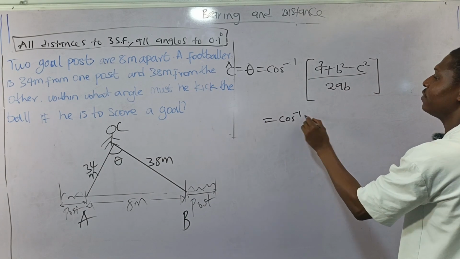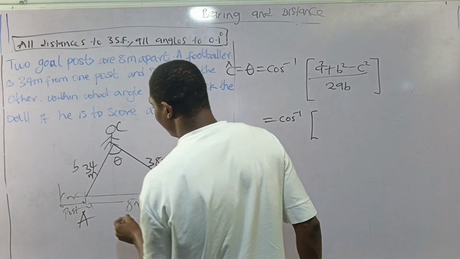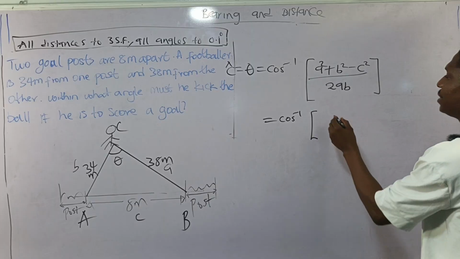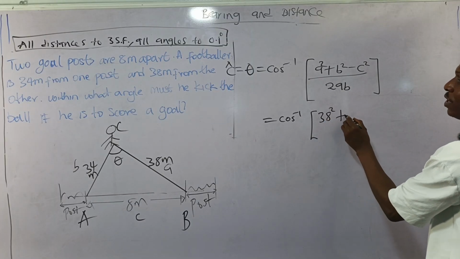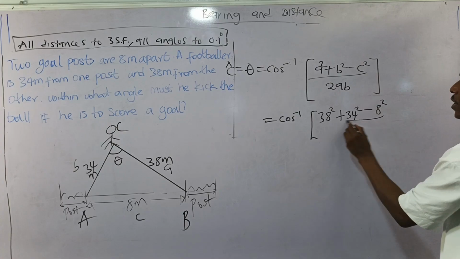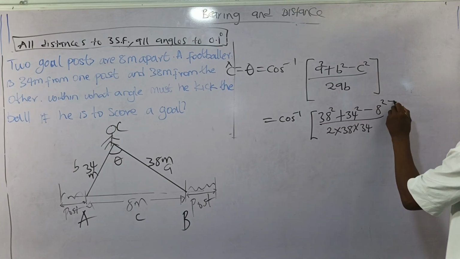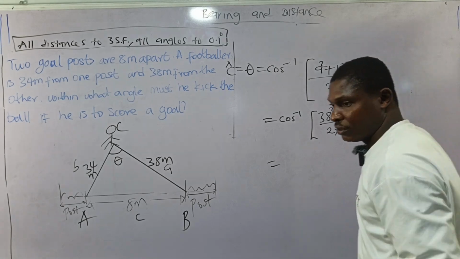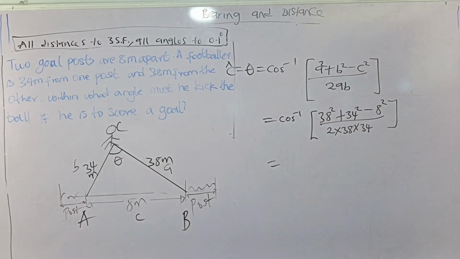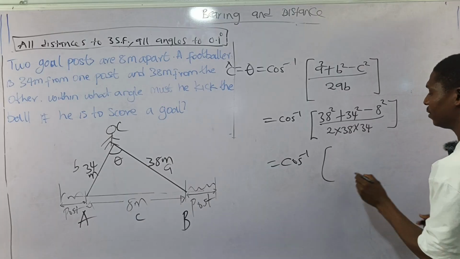So this becomes cos inverse of, this is my A, this is my B, and this is my C. My A is 38, so I have 38 squared plus my B, 34 squared, minus my C, 8 squared, all over 2 times 38 times 34.